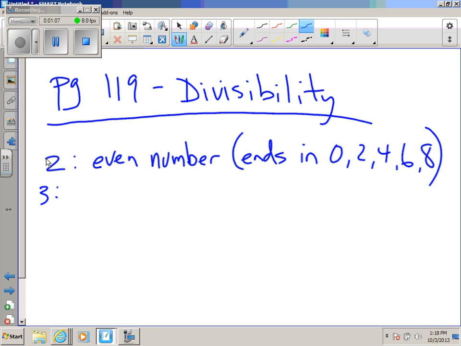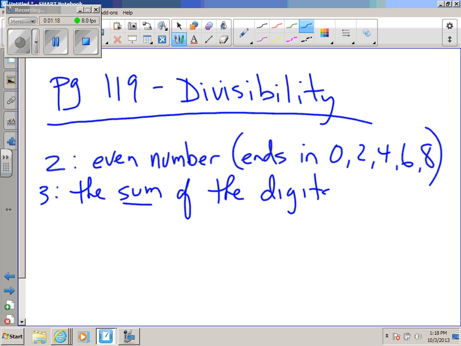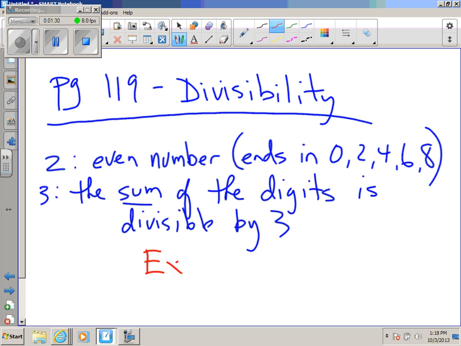A number is divisible by 3 if the sum of the digits is also divisible by 3.